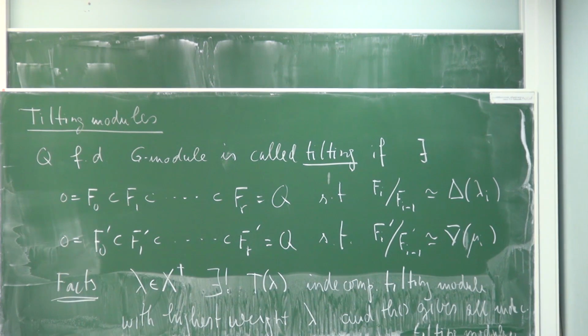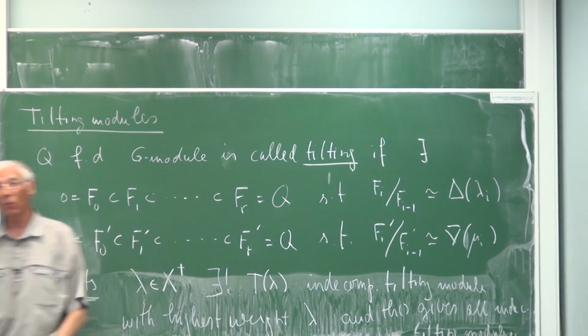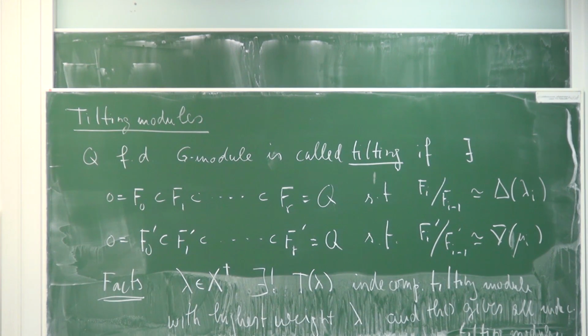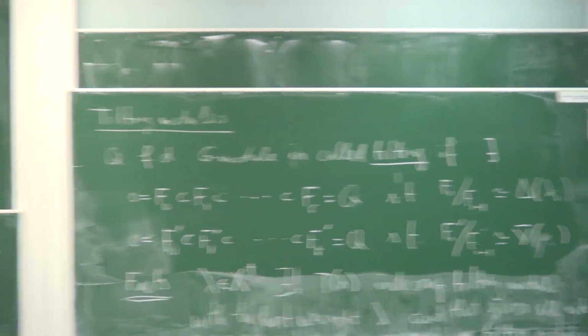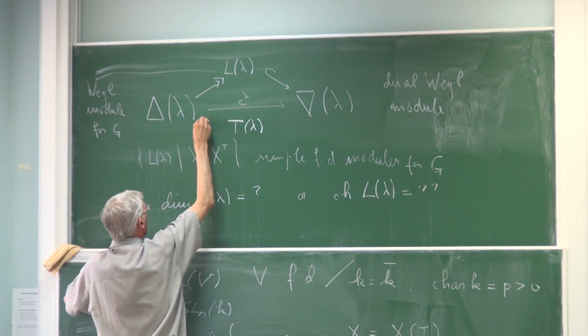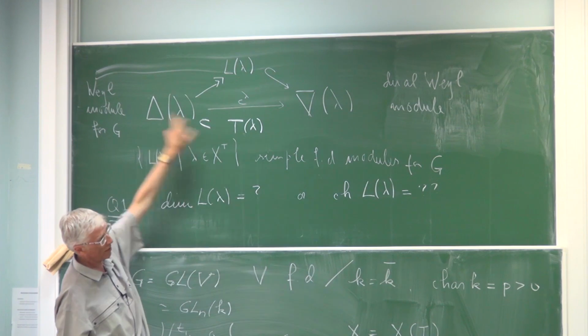It's clear that now if you have any tilting module, well, it will decompose into indecomposable summands, and each indecomposable summand will look like one of these T lambdas. So we can now put T lambda into the picture up here. So I'll put it down here because, remember, this does have a delta filtration.